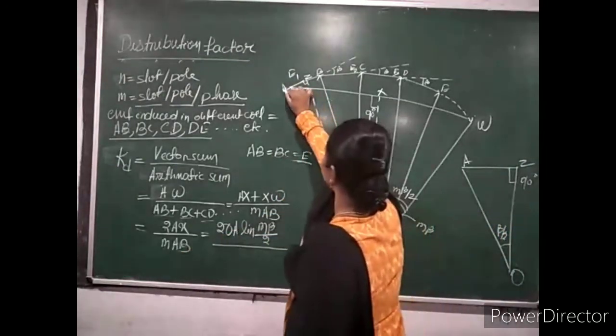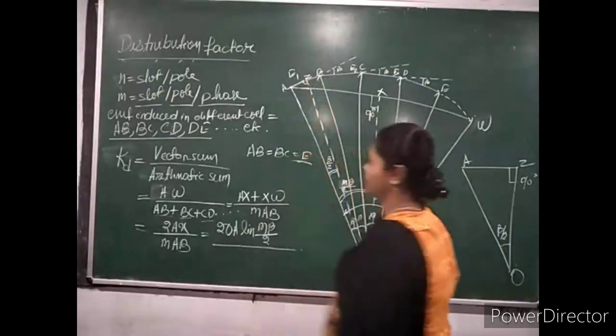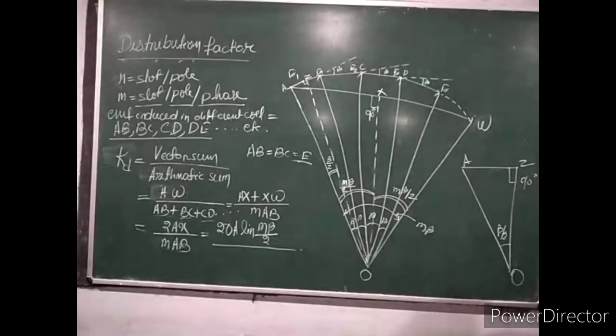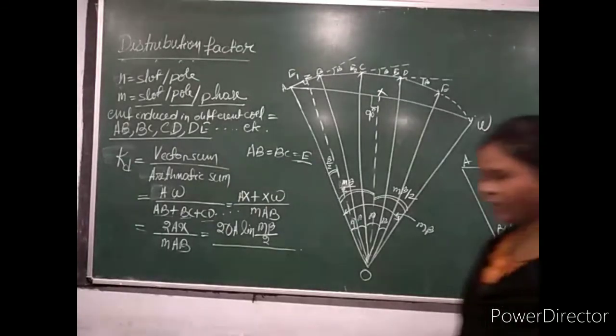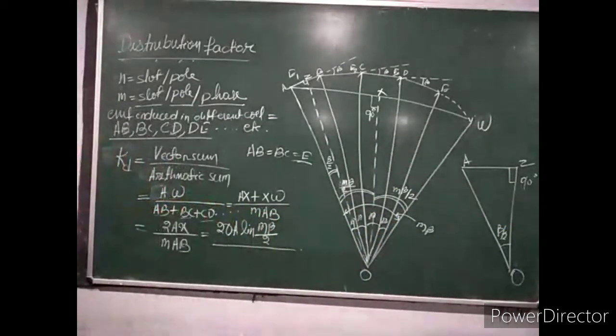AB is AZ plus ZB. It is clearly visible.